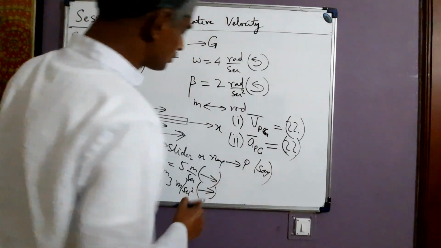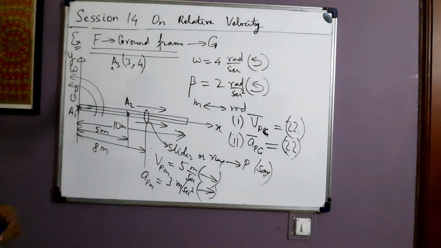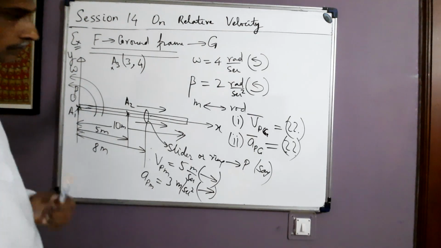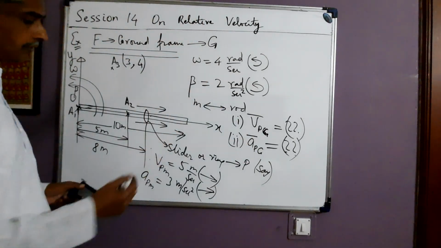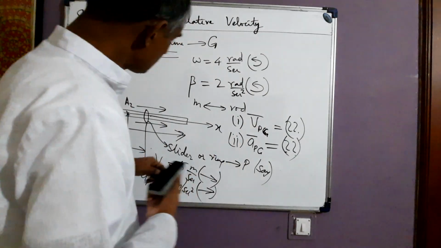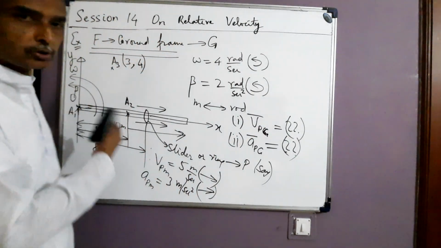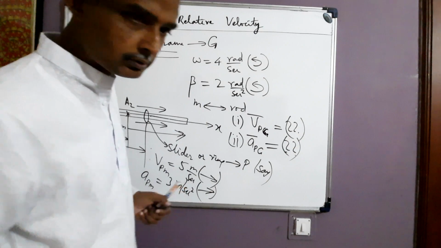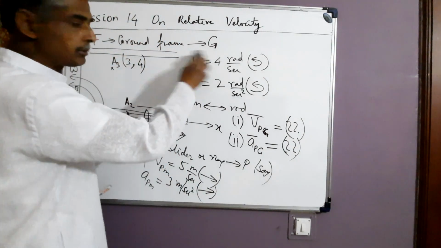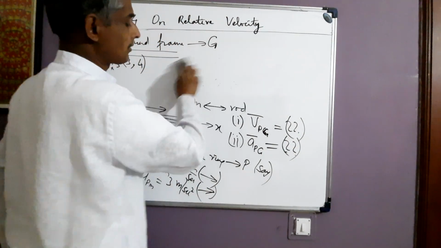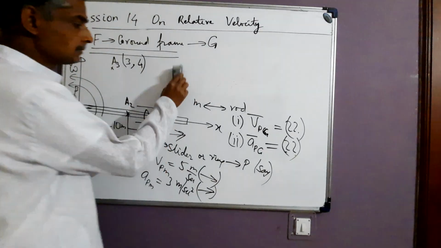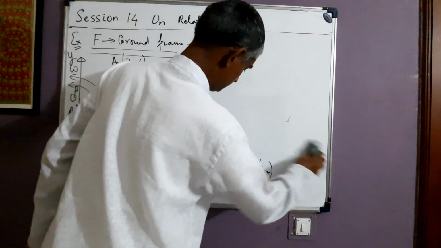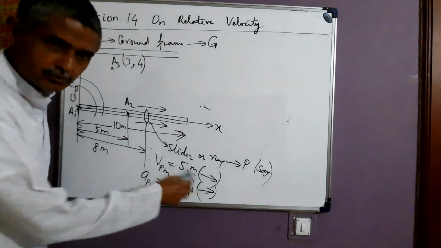One more thing we have to note down, first of all we have to find VPG. So rod rotates with respect to ground, you can see. Rod is rotating with respect to ground. Fine. I'll rub this, which I have written, now.